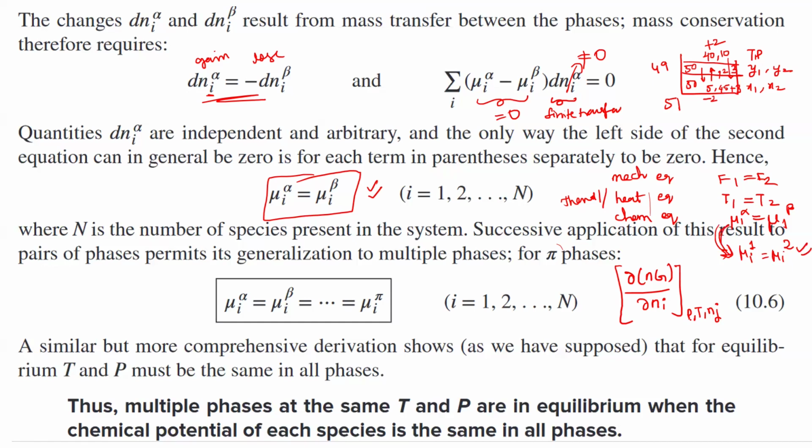So P and T and N_j. What we mean here is at constant pressure and temperature, this mu is defined. So like at an equilibrium, we are defining it. So the statement is given as: multiple phases at the same temperature and pressure are in equilibrium when the chemical potential of each species is the same in all phases.